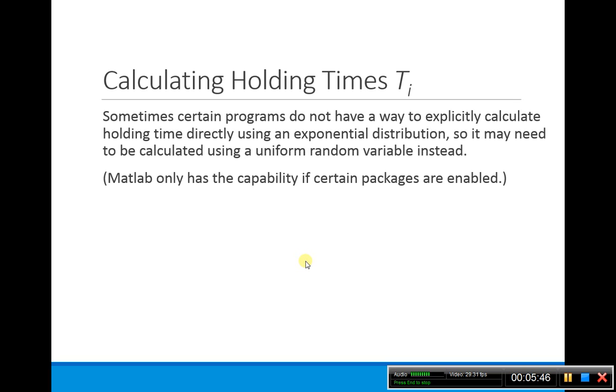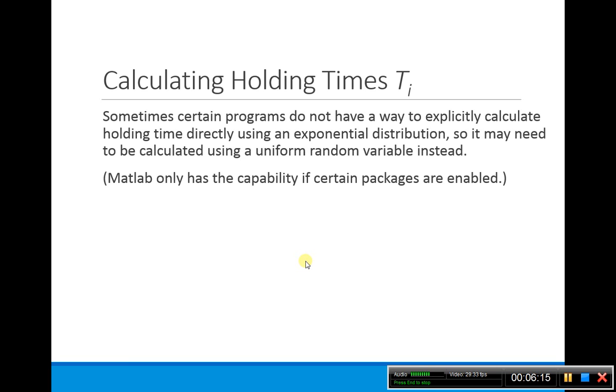So this is basically taking a draw from an exponential. So you basically want an exponential random variable, which is what exprnd stands for. Not all people will have that. So some of the packages aren't available on certain Matlab programs. If you just get the basic Matlab, it's not going to have this. But even if you use Python or some other language, it may not have a draw from an exponential distribution.